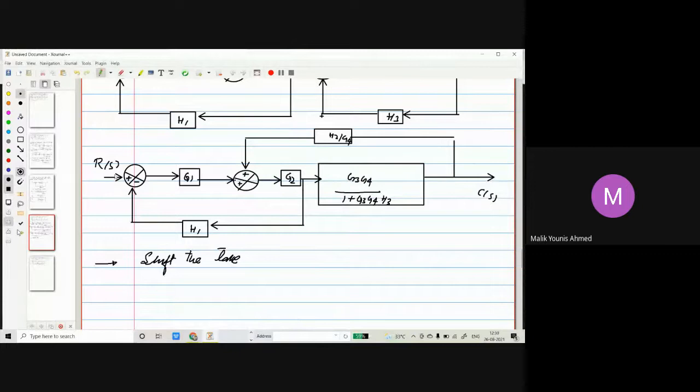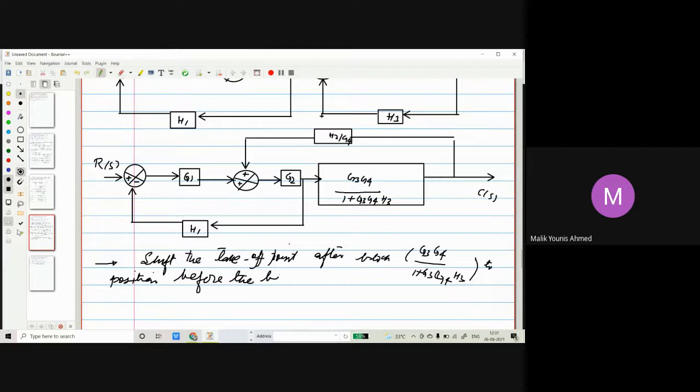So shift takeoff point after block G3 G4 over 1 plus G3 G4 H3 to position before the block.